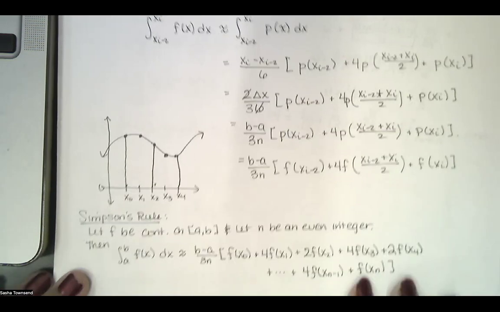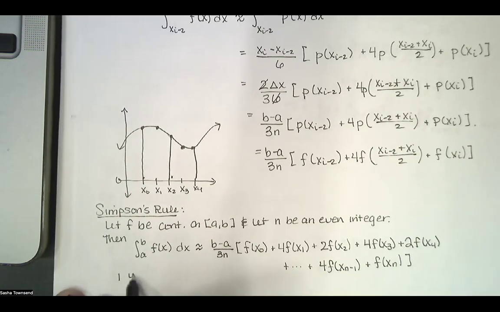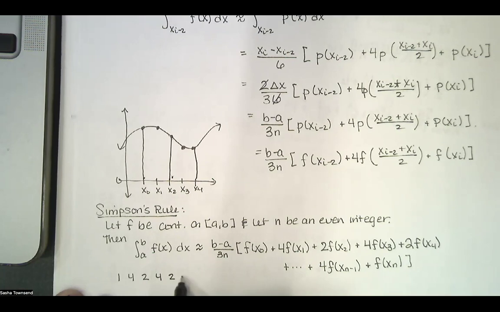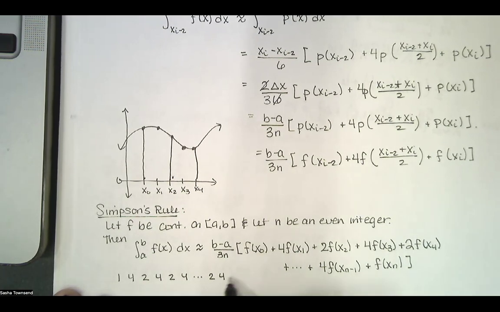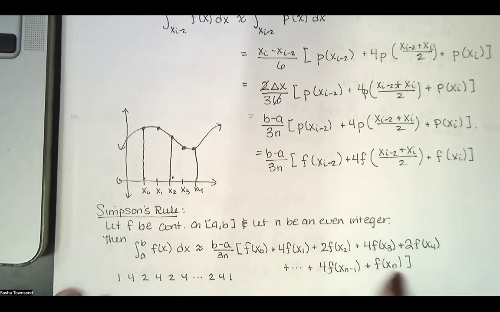So what I want you to notice is the coefficients go like this: 1, 4, 2, 4, 2, 4, and it's going to keep going. And the last ones are going to be 2, 4, 1. We only use f at x0 once. We use f at x sub n once. That's actually f of a and f of b, if we prefer.